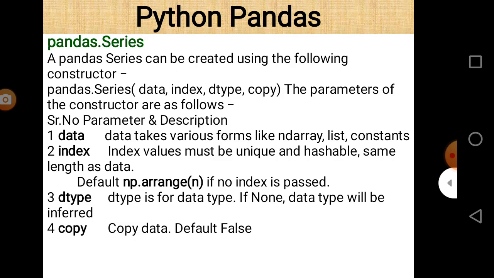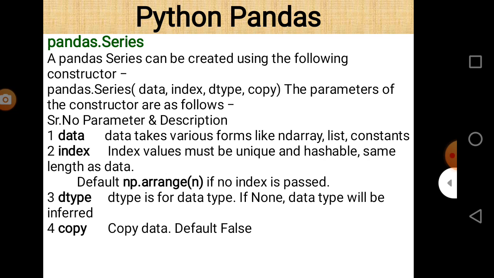In this chapter we are going to discuss series, how we can create a series, and how we can perform data manipulation on series. So basically, what is pandas series? A pandas series can be created using the following constructor.